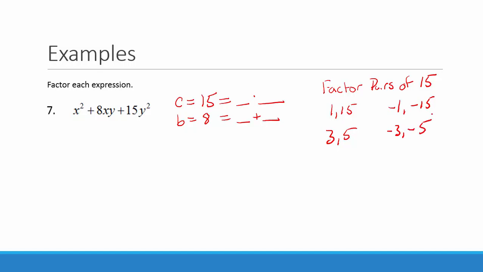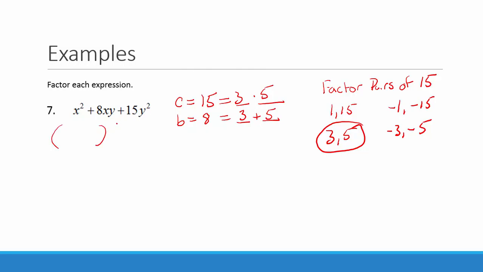These are all the factor pairs that we have for the number 15. Which factor pair adds to give me 8? 3 plus 5. So 3 and 5 multiply to give us 15, but add to give us 8. So these are the numbers that solve our riddle.